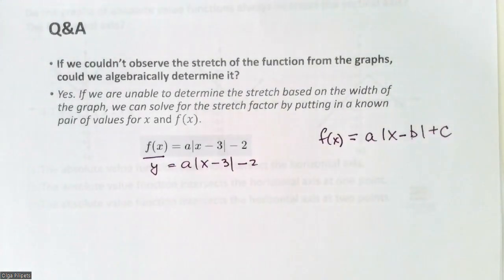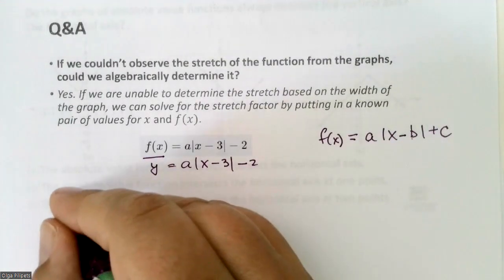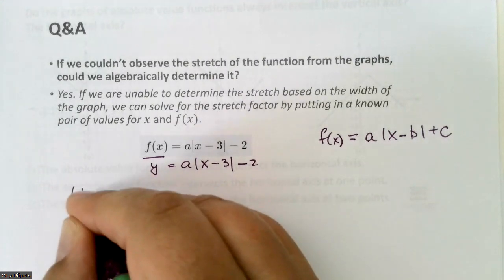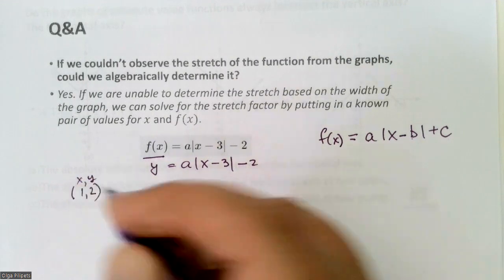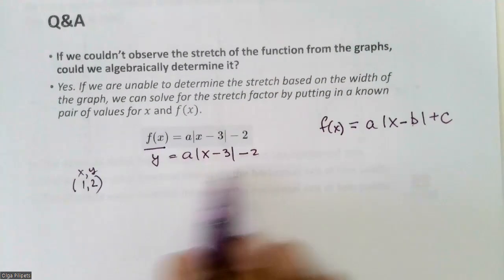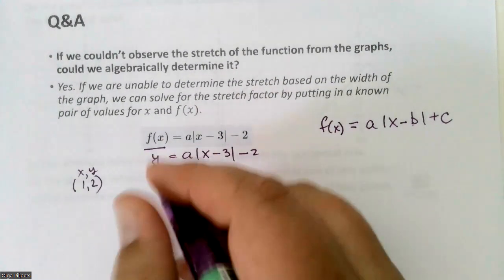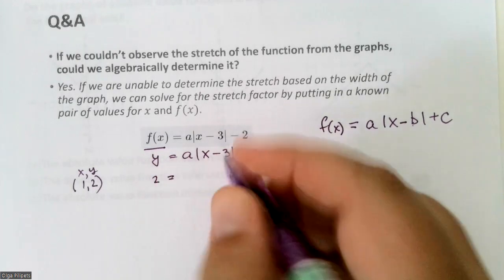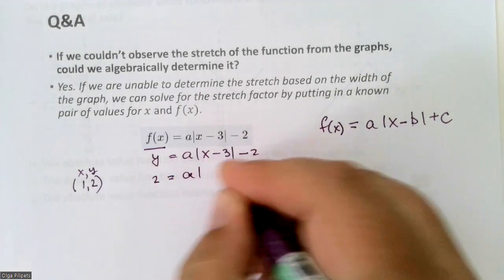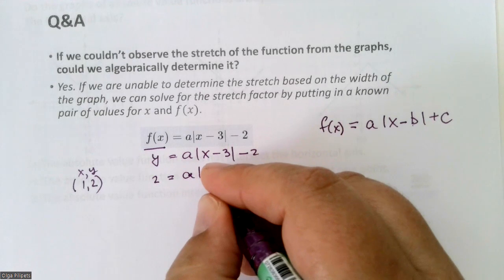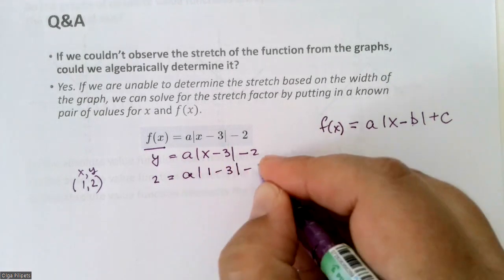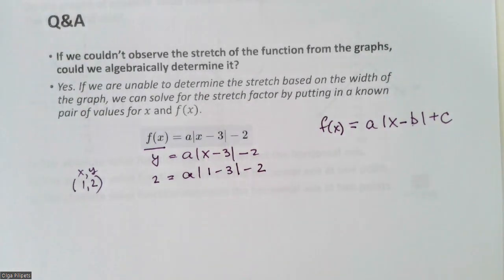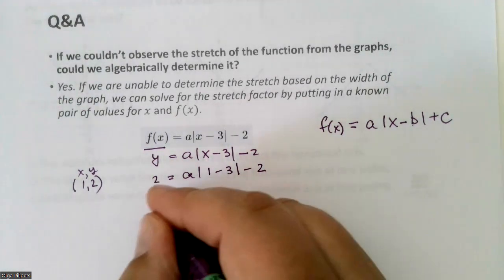So the point that we grabbed was 1, 2. So x equals 1 and y equals 2. Plug it in, we're gonna get 2 equals a times the absolute value of 1 minus 3, minus 2, and solve for a. So let's do that.